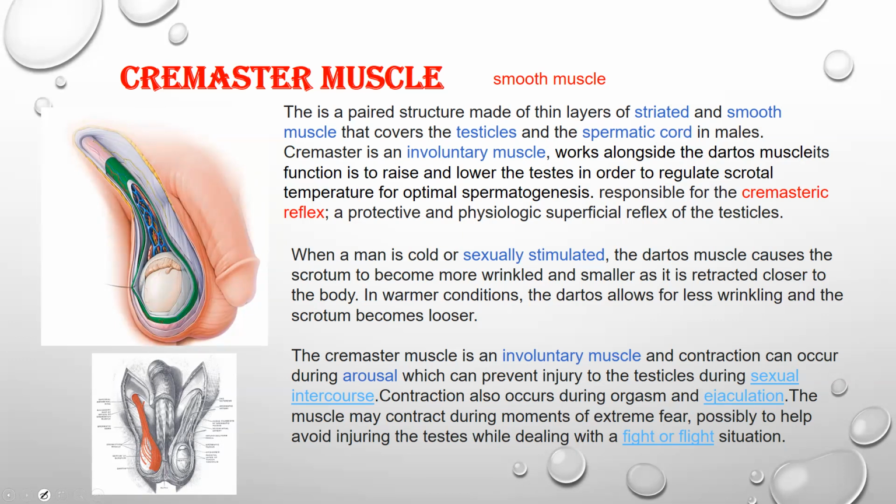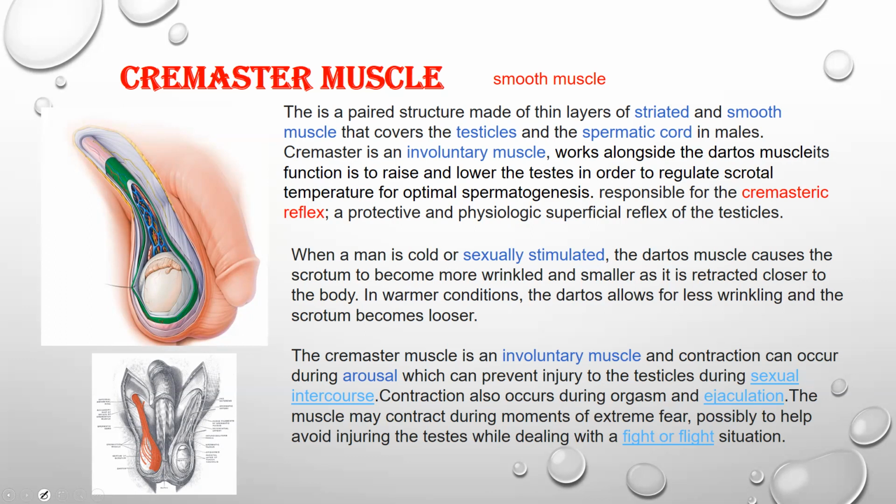So it's important that stress, fearful situations, or sudden action or accidental touch might affect sperm formation or production. The cremaster muscle is an involuntary muscle, and contraction can occur during sexual arousal, which can prevent injury to the testes during sexual intercourse. Contraction also occurs during orgasm and ejaculation. The muscles may contract during moments of extreme fear and in a cold environment, possibly to help avoid any injury to the testes.